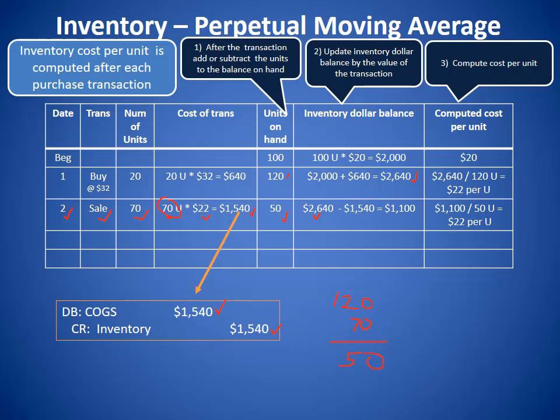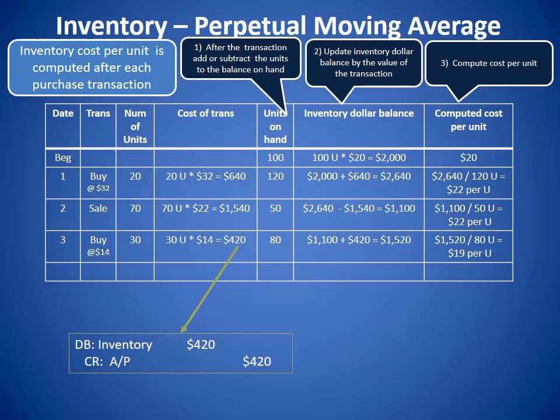I'm going to subtract out the $1,540, and the inventory balance now in my general ledger account will be $1,100. So I take the $1,100, divide it by the 50 units remaining in inventory, and my cost per unit on a moving average basis is still $22.